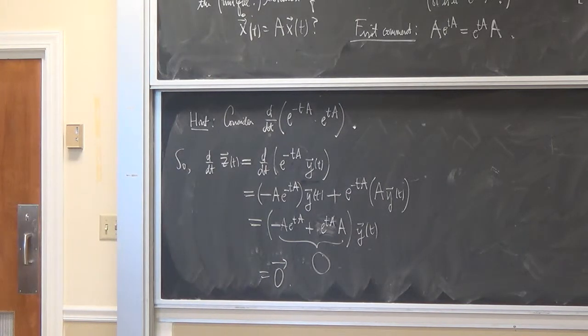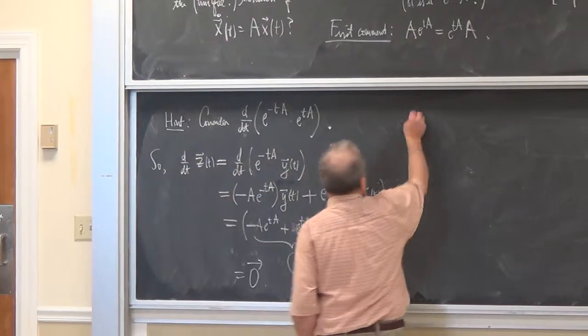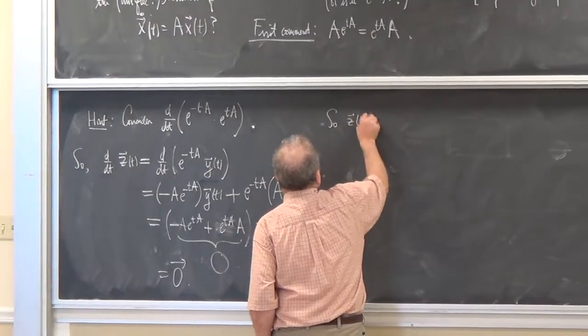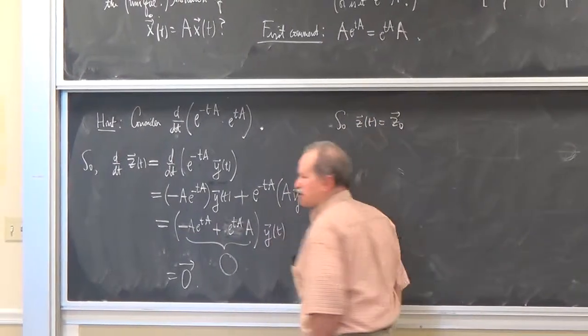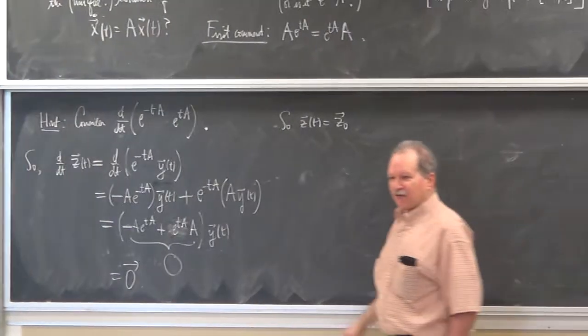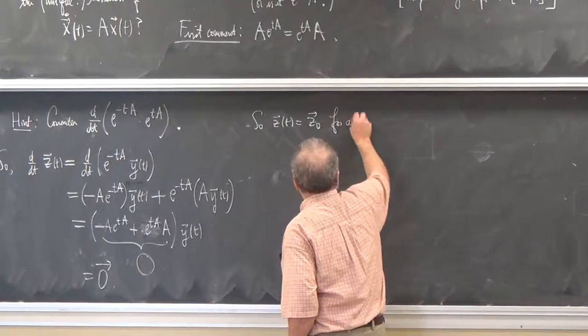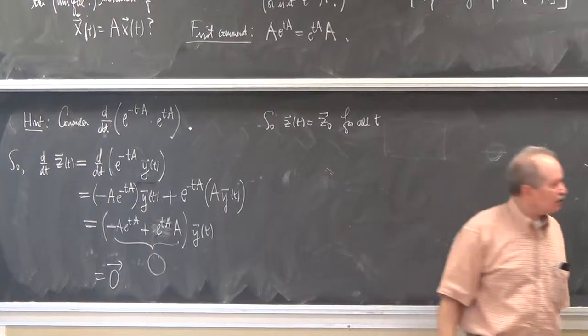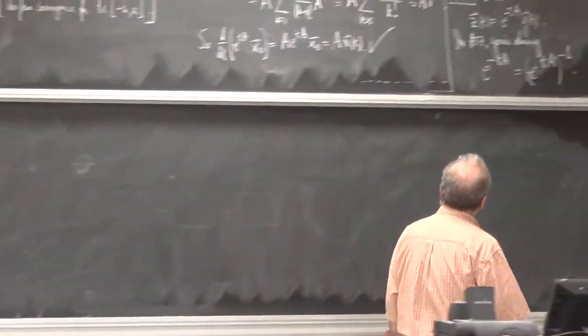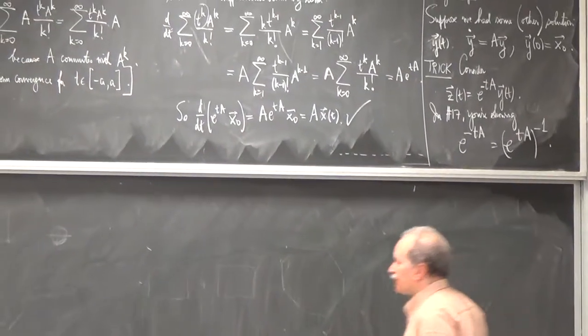So z of t is constant. So whatever it is at time 0, it's that for all t. And what is z naught? Y naught. And what's y naught?